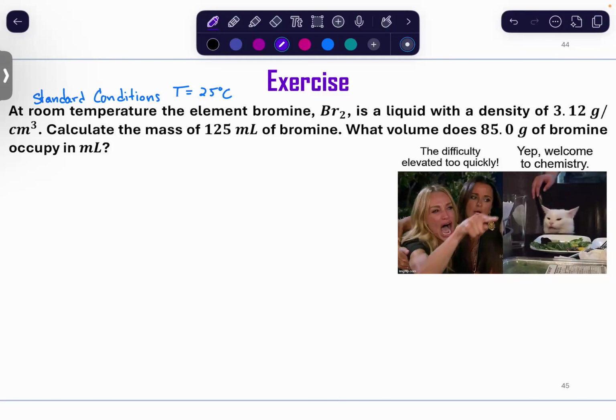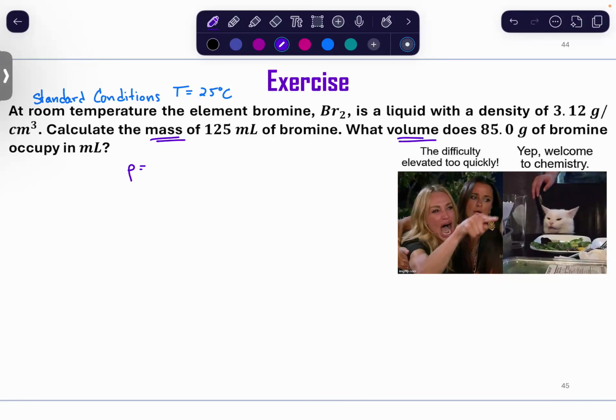So at room temperature, the element bromine in its molecular form, Br2, is a liquid with density 3.12 grams per cubic centimeter. Calculate the mass of 125 milliliters of bromine, and then what volume of bromine does 85.0 grams of bromine occupy in milliliters? Okay, so this has two parts. The mass, that's part 1, and the volume is part 2. So what are some things that I know?